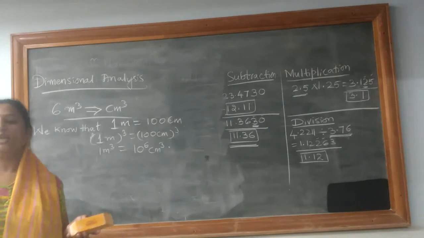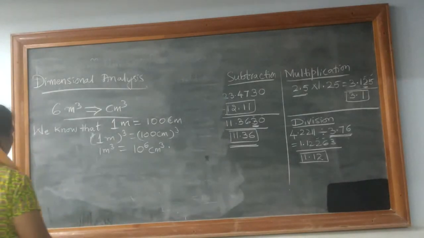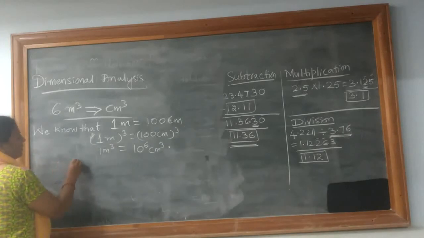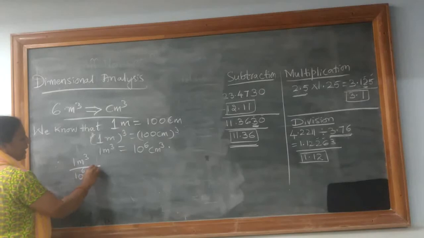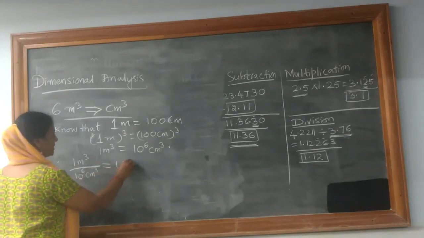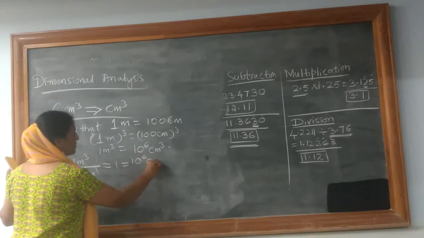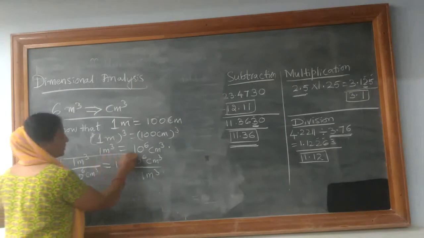Remember, 1 cubic meter is equal to 10 raised to 6 cubic centimeter. So therefore, the conversion factor will be 1 cubic meter divided by 10 raised to 6 cubic centimeter is equal to 1, which is equal to 10 raised to 6 cubic centimeter divided by 1 cubic meter. So this is to be remembered.